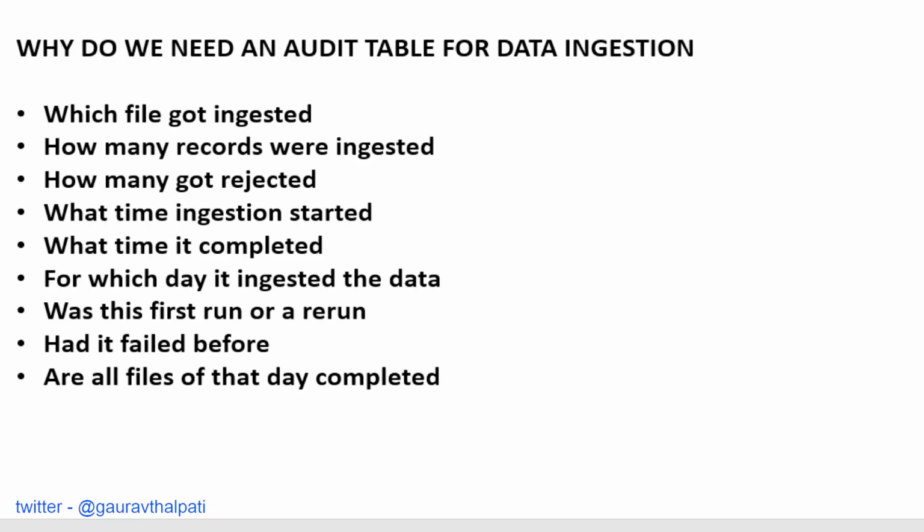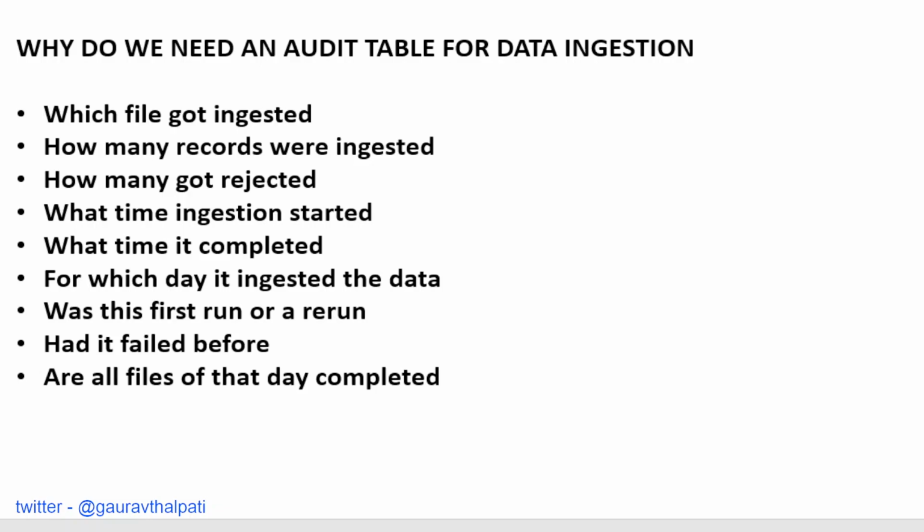Or you should also know how many got rejected. Even if you don't add this column, you should be able to do that math if you have the source records and the target records. But these columns are important, so at any given point of time you don't really have to go and look at the file and do a grep -c on your Unix system to see the count and all those things.